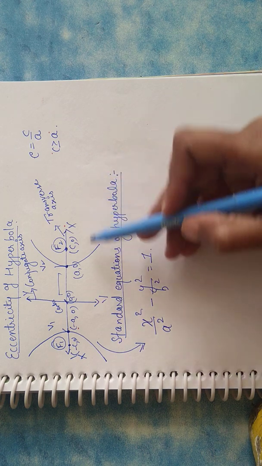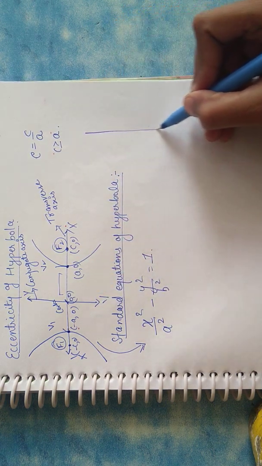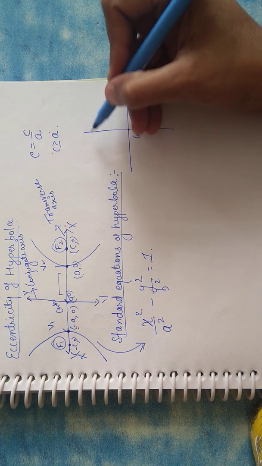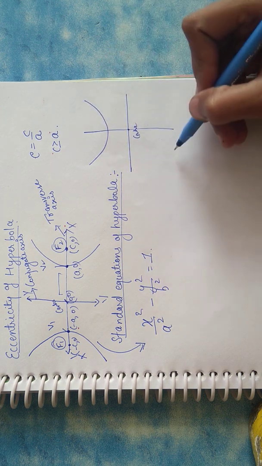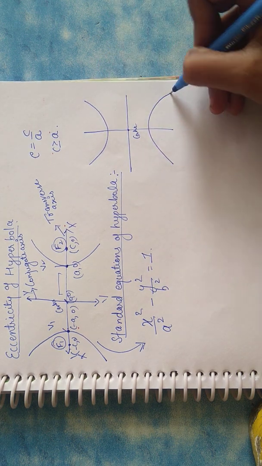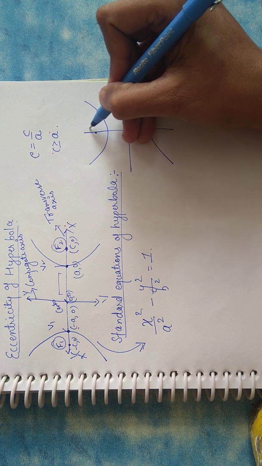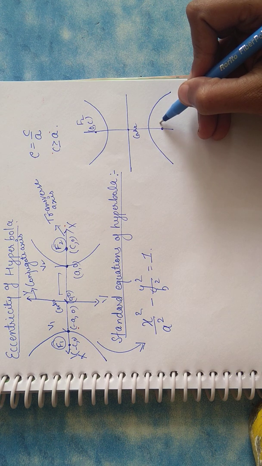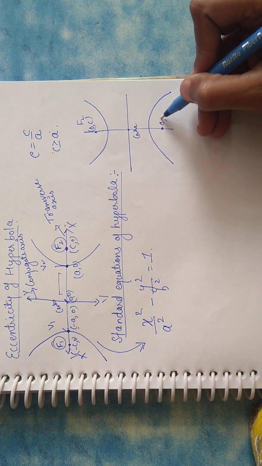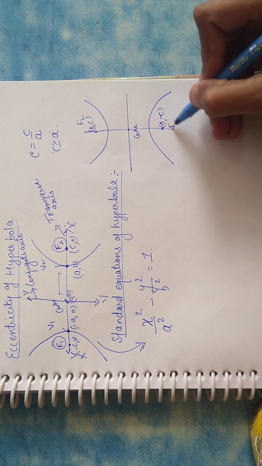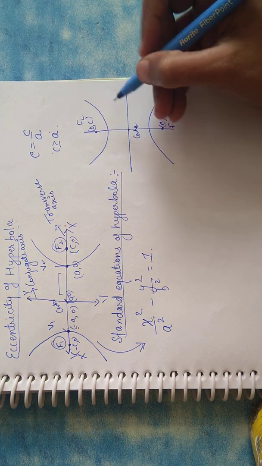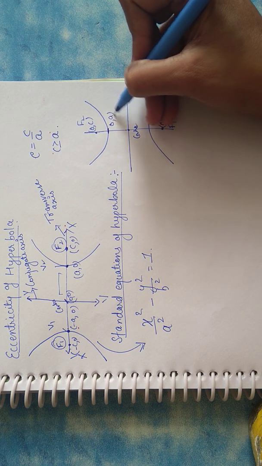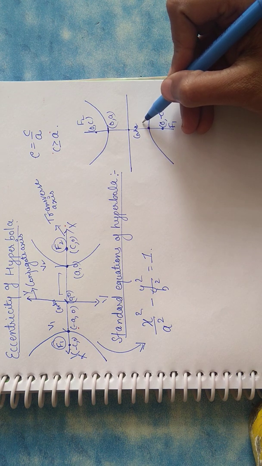And if it is reversed, it will be of this shape. This will be your center, and your hyperbola is of this shape, in which this is your F2 and this is your F1, this is your center, this is your vertex 1 and this is your vertex 2.